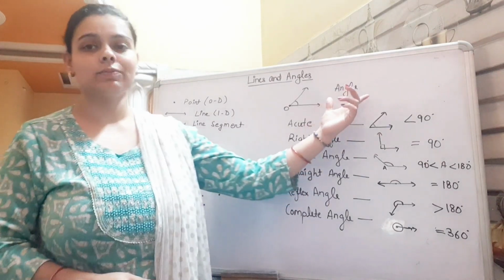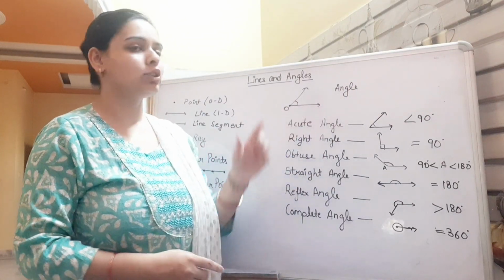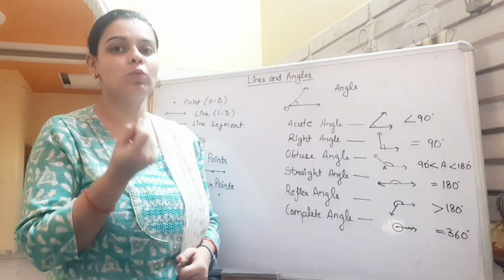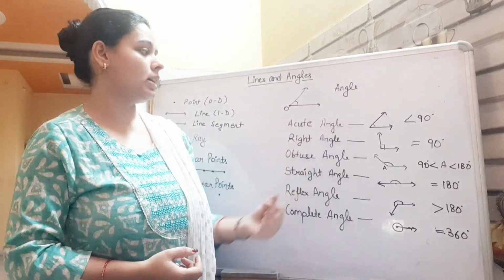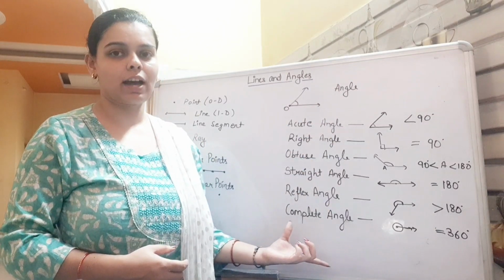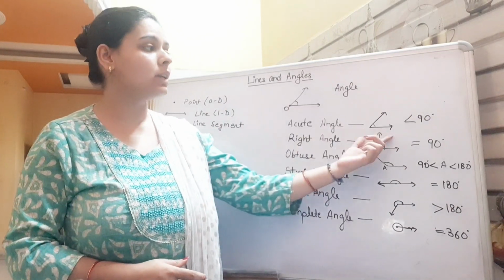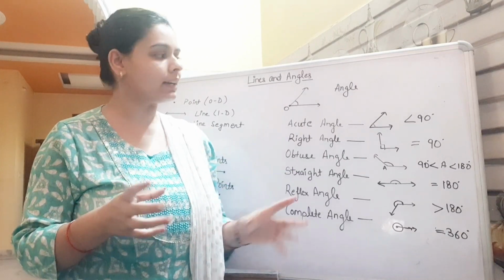Next one is angle. As you all know, when two rays are attached together at the same vertex, they form an angle. There are types of angles. First one is the acute angle, an angle which is less than 90 degrees.